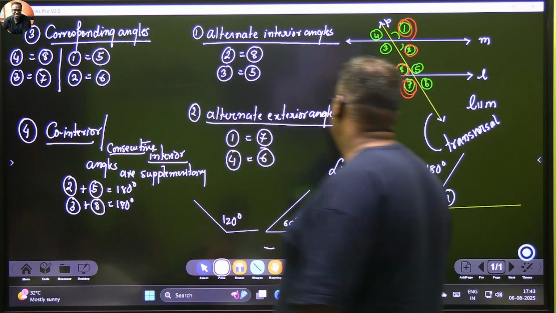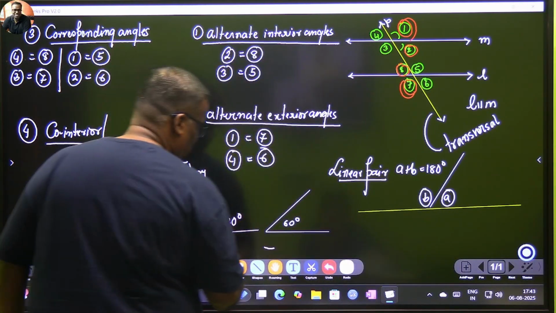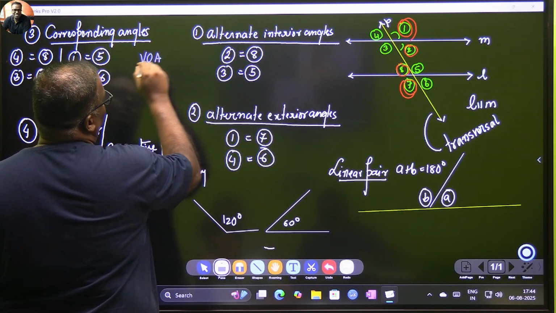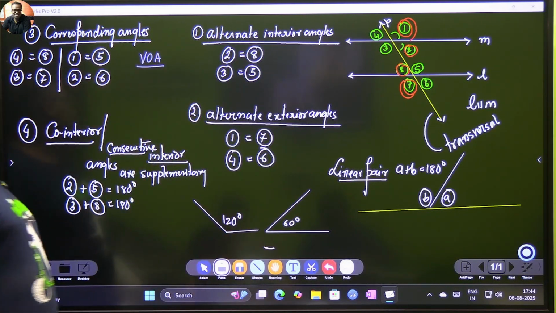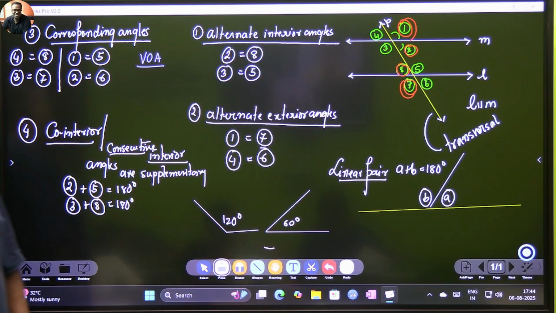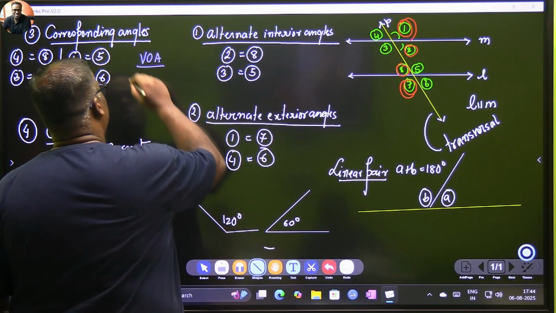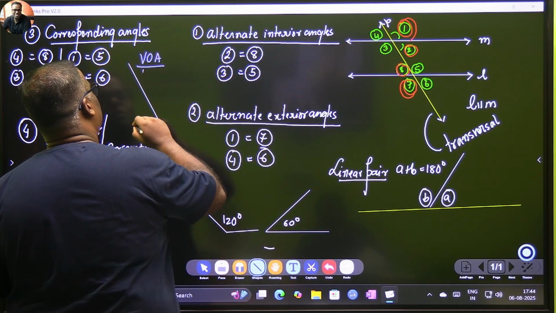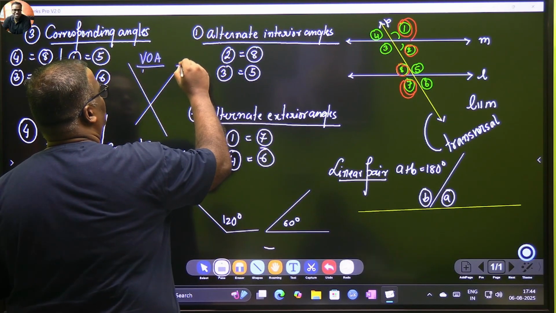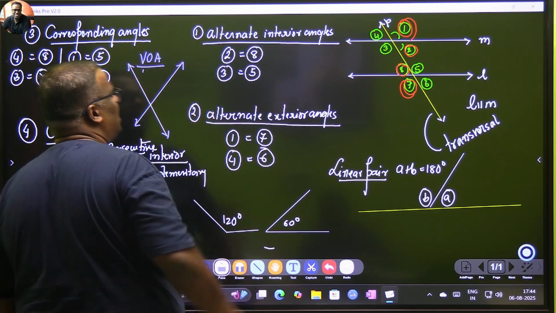And since Abhigya was so much on vertically opposite, we will write vertically opposite in a cute manner out here. VOA, you can write it. VOA stands for, you write the full form, vertically opposite angles. Two lines which just cross in any angle, anyway.